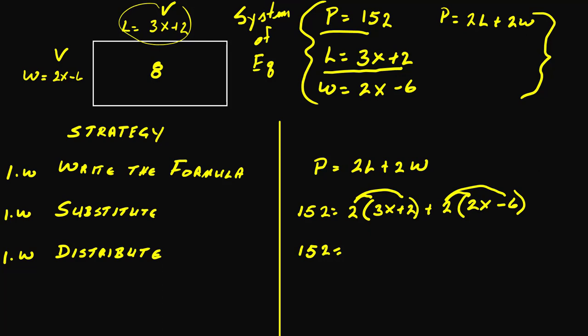2 times 3x gives me 6x. 2 times 2 is a 4. Bring down that addition sign. Then 2 times 2x is 4x. And then 2 times negative 6 is negative 12.